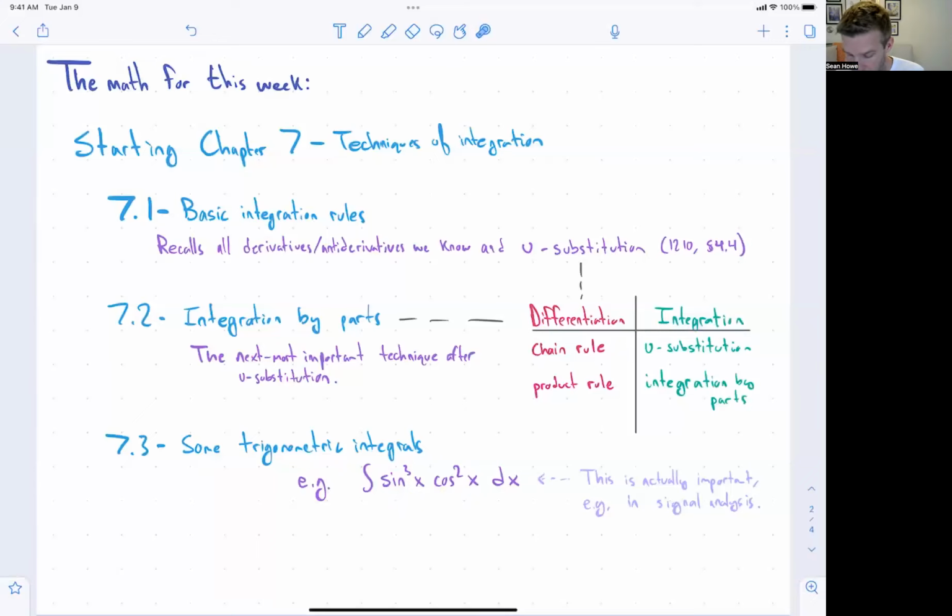One reason is it's actually a pretty important thing. These integrals, like the integral of sine cubed x times cosine squared of x, are fundamental to understand, for example, in the field of signal analysis. This is the field where you take information that you're getting, maybe from a radio telescope or from monitoring whales singing under the sea.